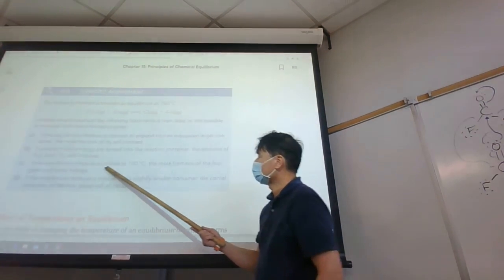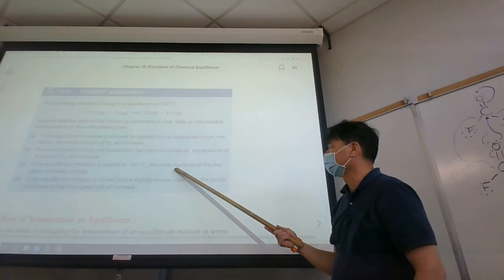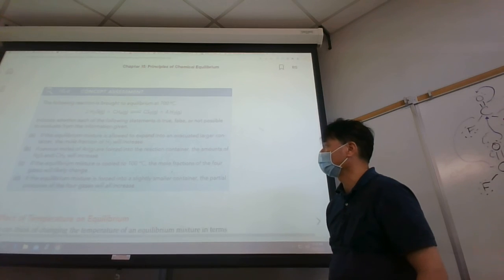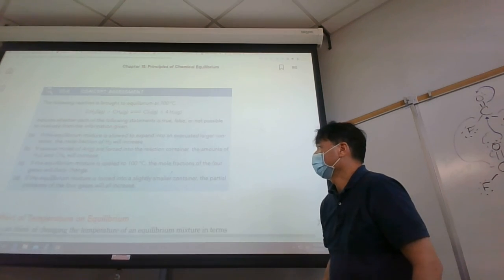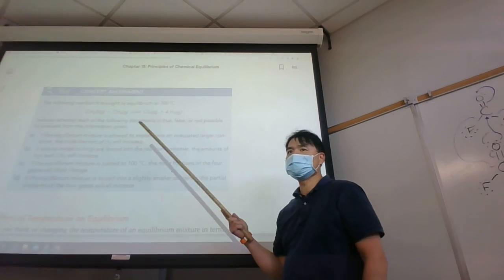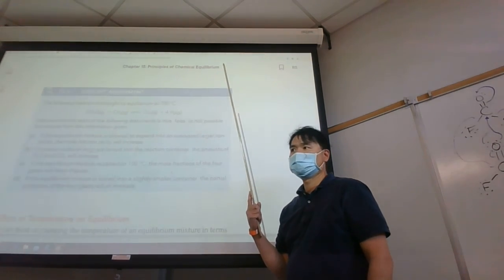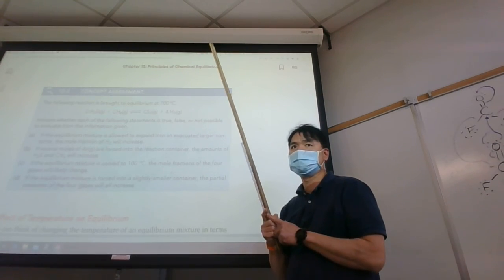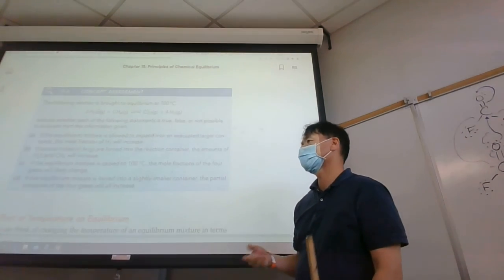If the equilibrium mixture is cooled to 100 degrees C, the mole fractions of the 4 gases will likely change. Okay, now, what happens is, when we change the temperature, that changes K, the equilibrium constant. And so at different temperatures, we have different K values.